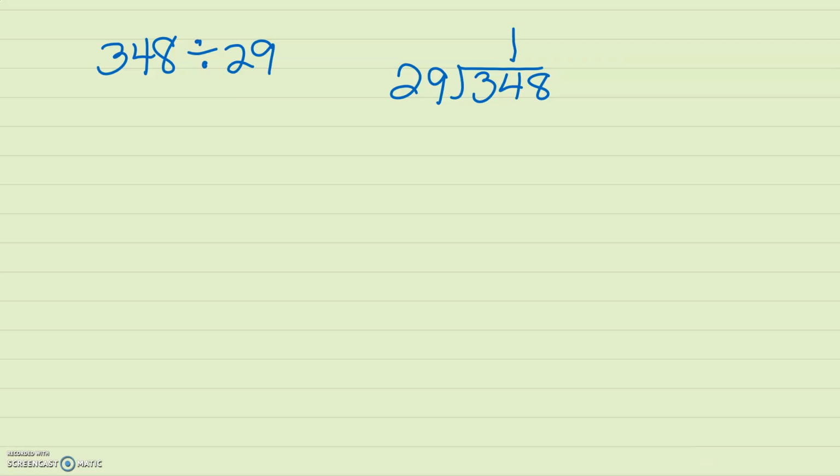Then we do 29 times 1, which gives us 29. We write down our 29 right here, and then we subtract. 34 minus 29 is 5. And then we're going to bring this 8 down.